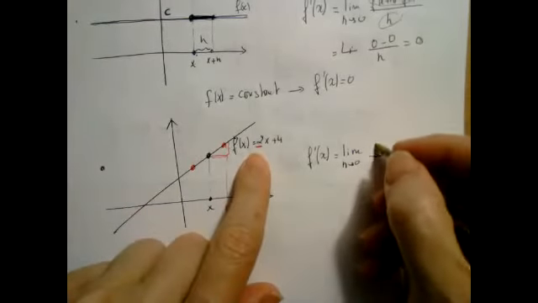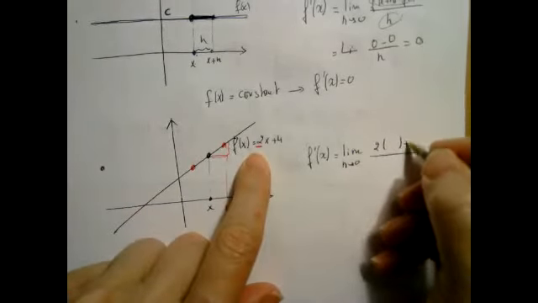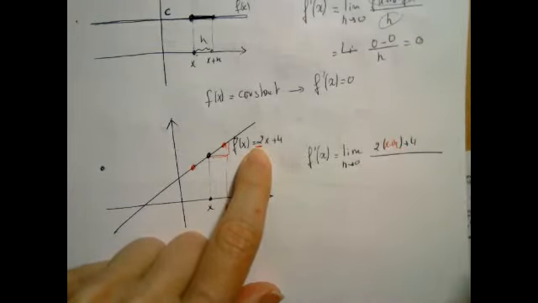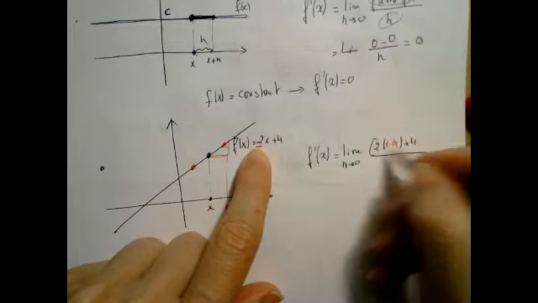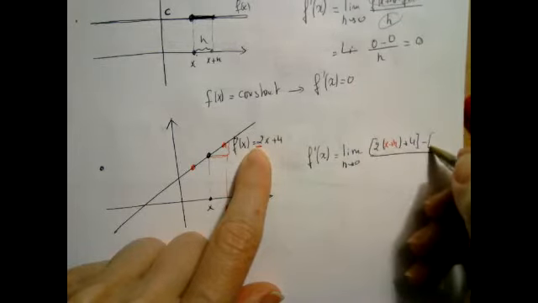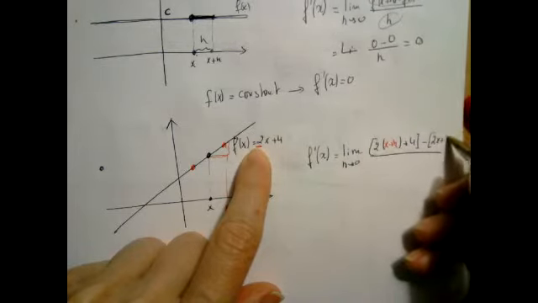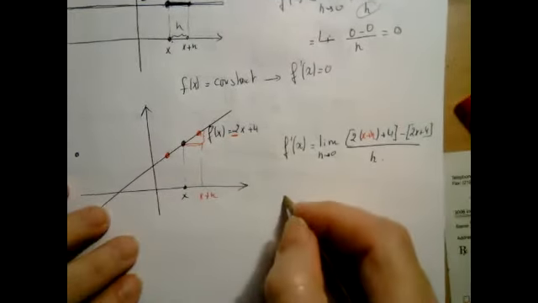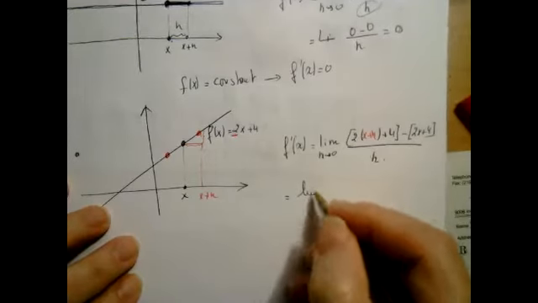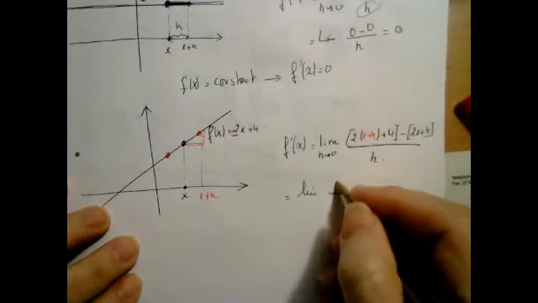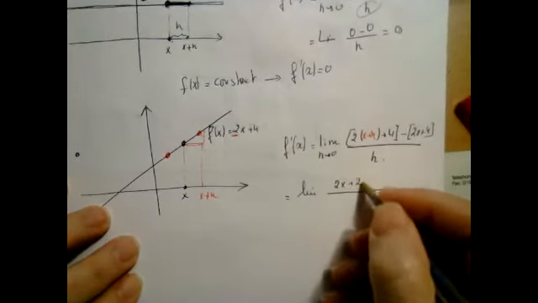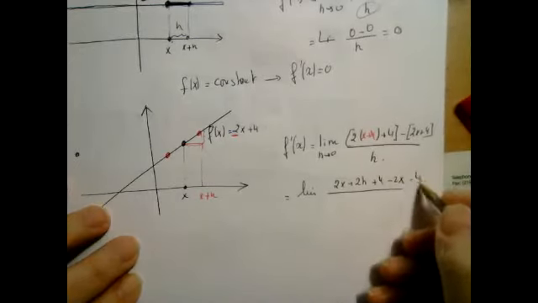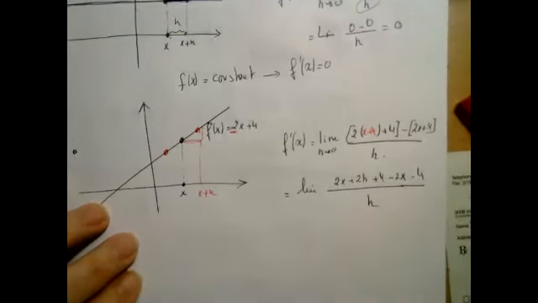f at x plus h is 2 times (x plus h) plus 4, minus f of x, which is 2x plus 4, over h. I'm basically computing the slope here. So this will give me the limit of (2x plus 2h plus 4 minus 2x minus 4) over h.